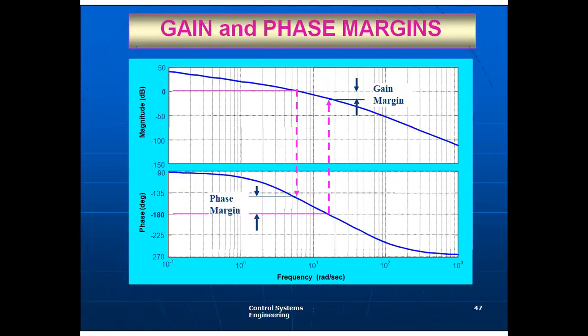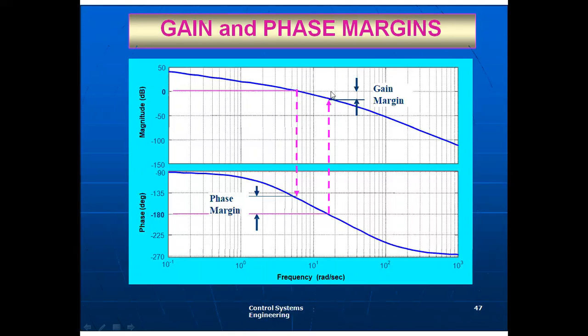Here, this is a plot drawn for a transfer function. From the Bode plot, we can find the gain margin and phase margin as stated in the definitions. At -180 degrees, corresponding to this, you find the magnitude.